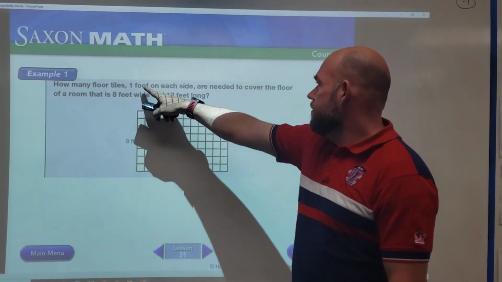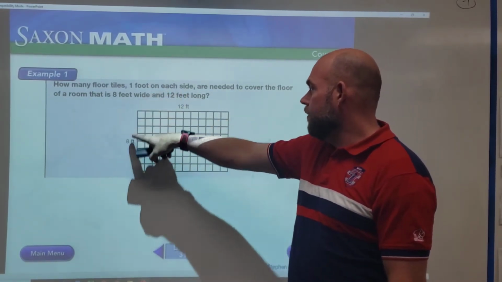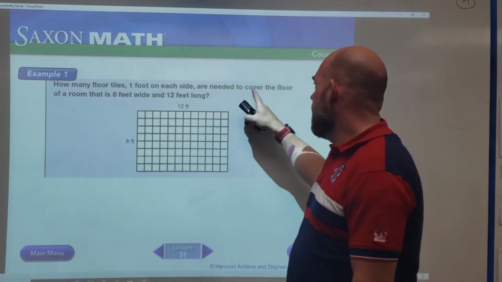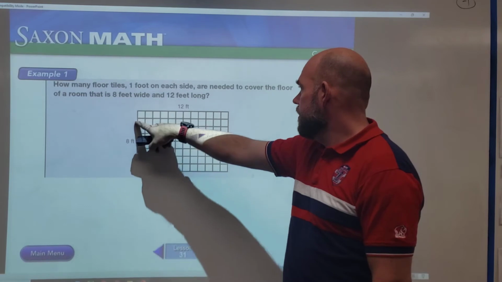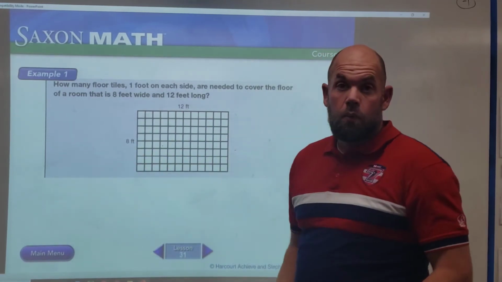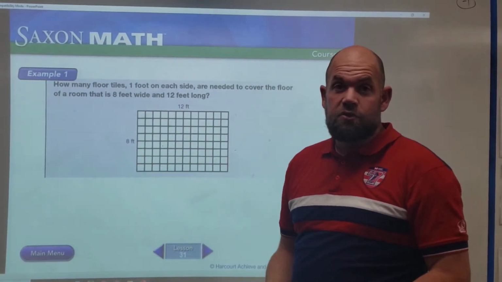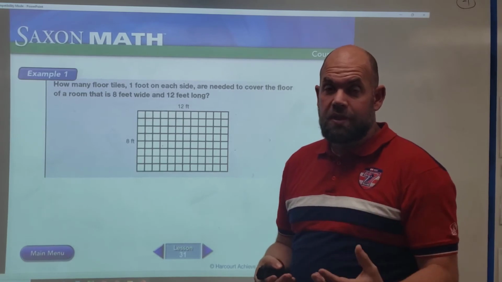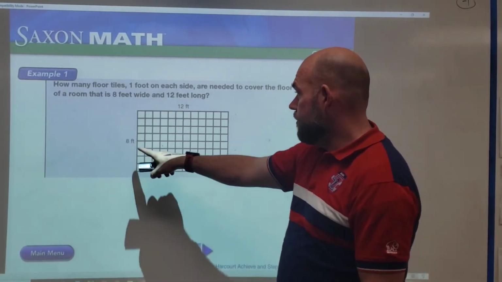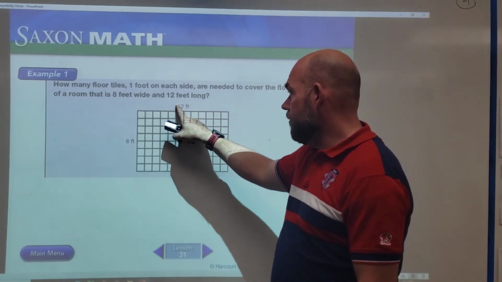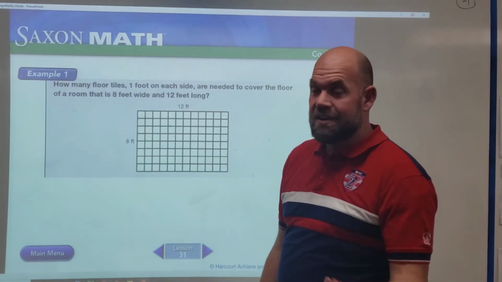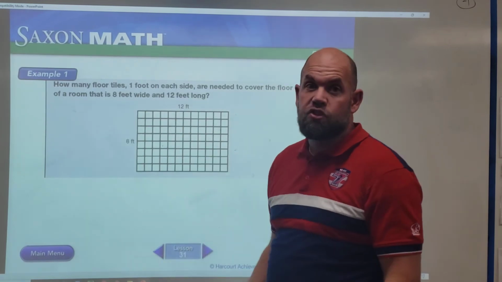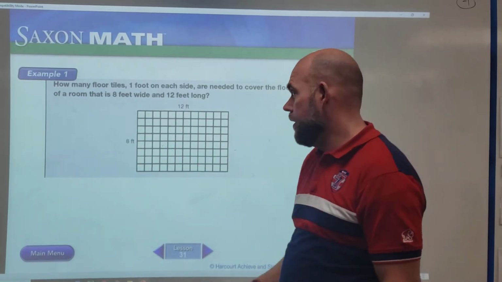So here it says, if the tile is 1 foot on each side, what's needed to cover a room that's 8 feet wide and 12 feet long? Well, to calculate area, all you have to do is multiply the width by the length. So all we have to do is measure 8 times 12 and feet times feet. 8 times 12, of course, is 96, and then feet times feet is square feet, or feet squared.